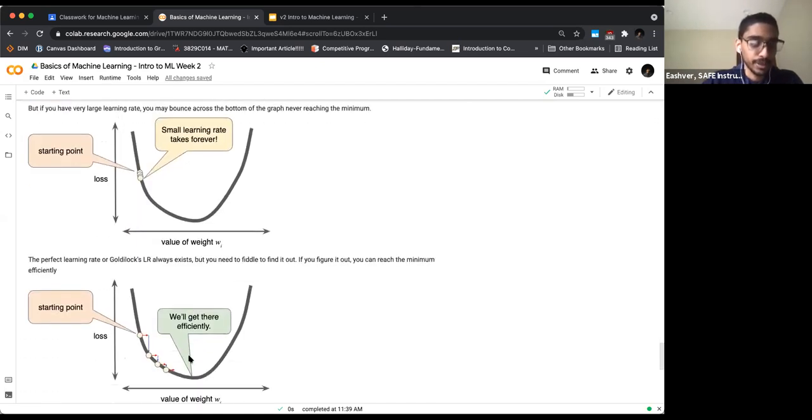And the perfect learning rate always exists, and you just step and step and step until you reach the middle efficiently. So does it make sense? Learning rate is the amount you step by.